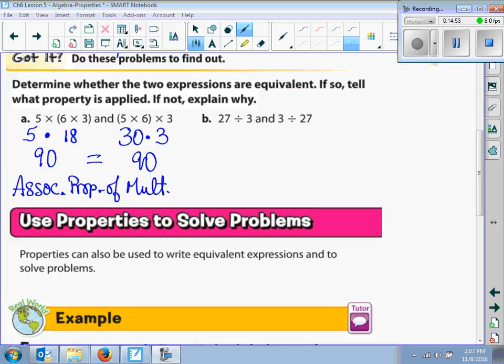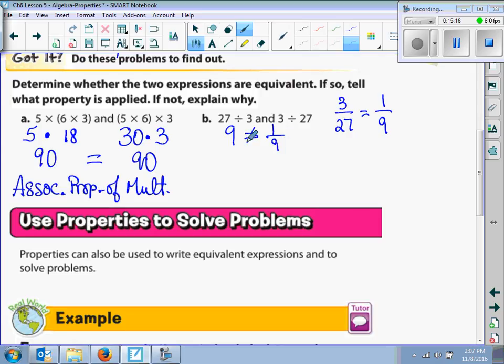So 27 divided by 3 is 9. And 3 divided by 27 is equal to? It's 1/9. Right. So 9 and 1/9, are they equivalent? No, they are not.